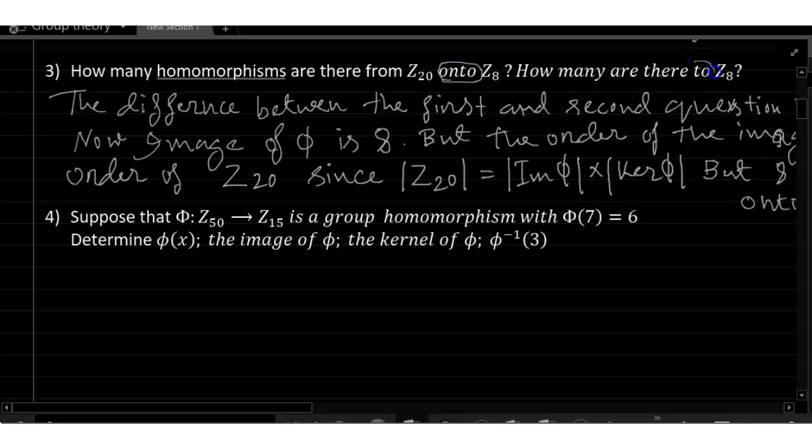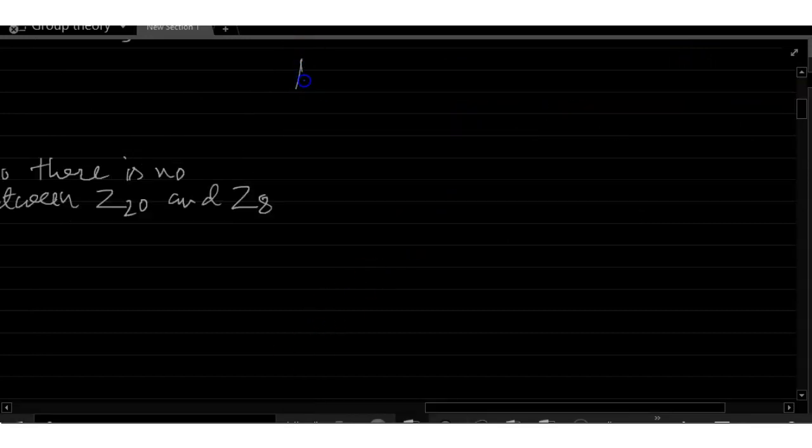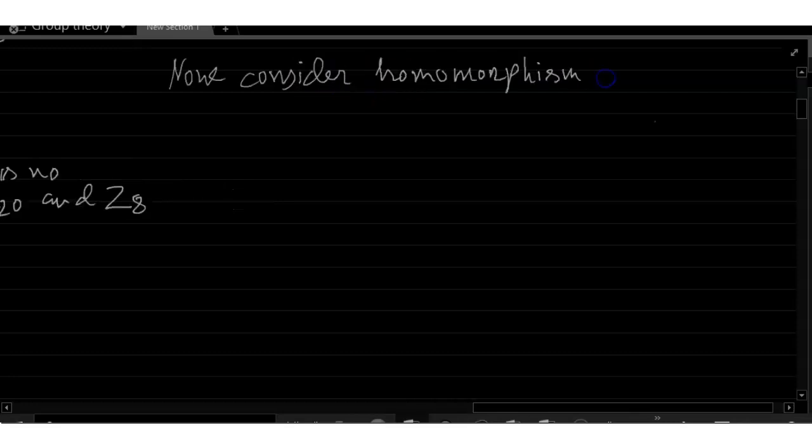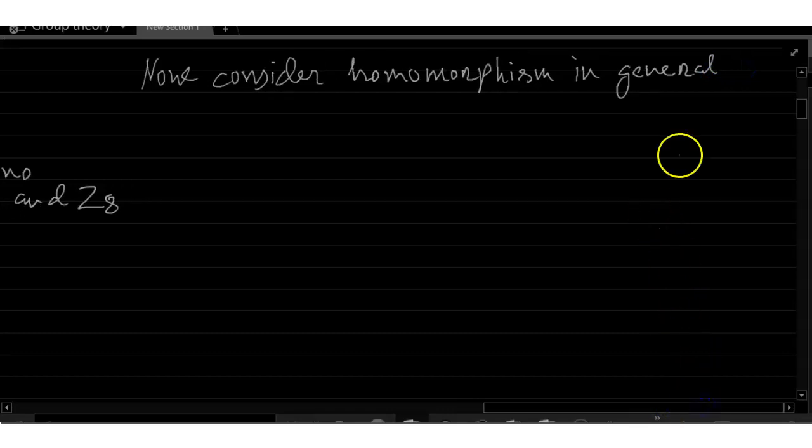And now the question is about Z20 to Z8. Now consider homomorphisms in general from Z20 to Z8.